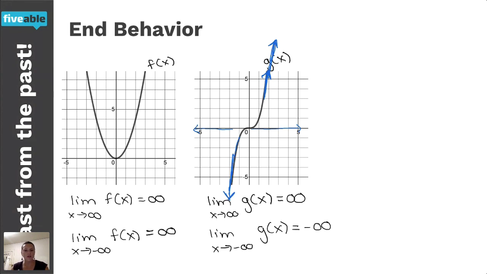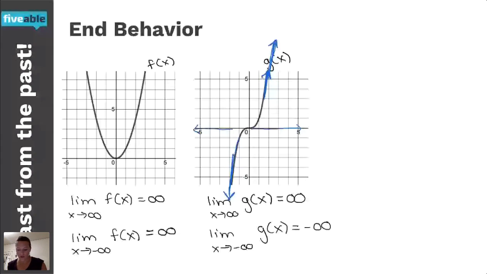Its y values are going to negative infinity. So notice some differences here. In that first example, we had some even symmetry, and so both of those approached positive infinity at the ends, whereas in the second function g of x, as x approached infinity, my function went to infinity, but as x approached negative infinity, my function went down to negative infinity.